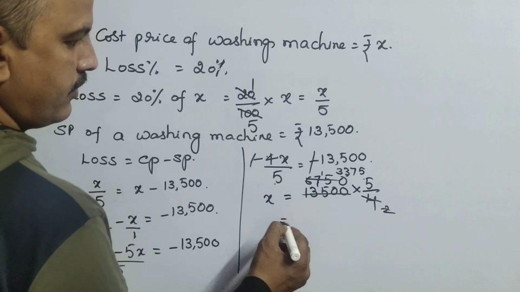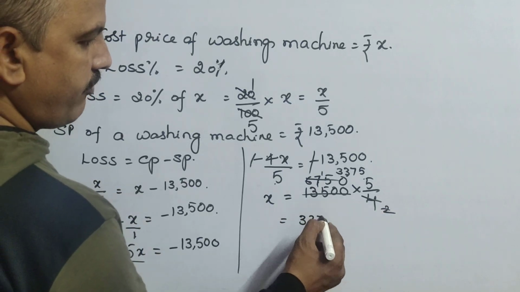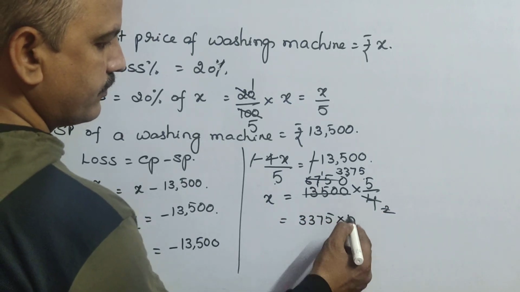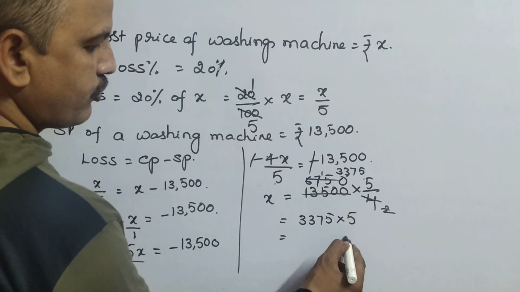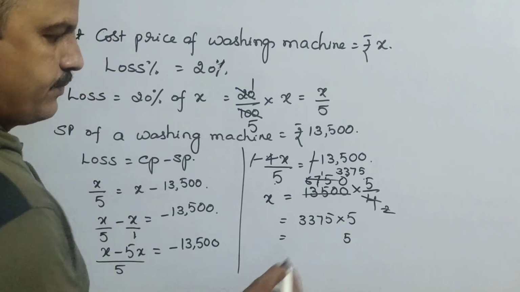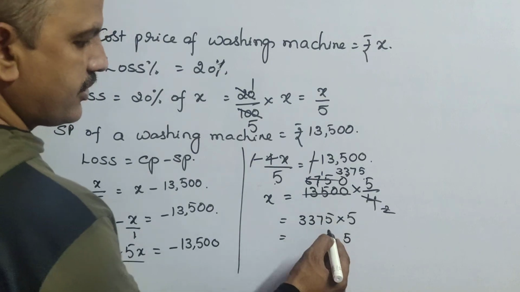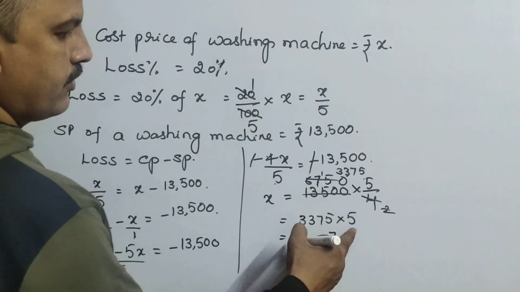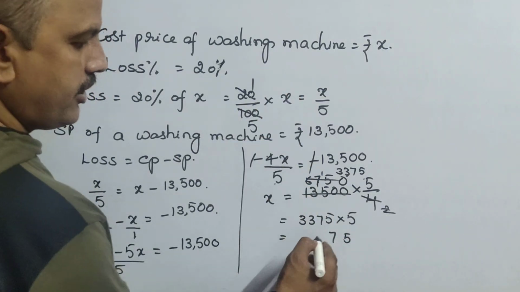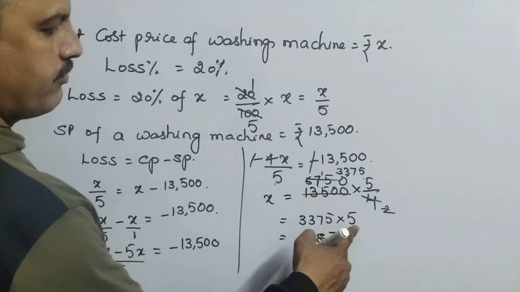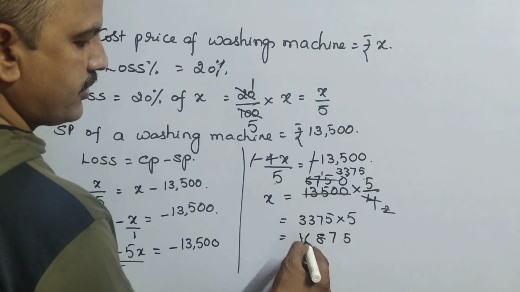So 3 3 7 5 into 5. So multiply. 5 fives are 25, 2 left. 5 sevens are 35, that's 37, 3 left. 5 threes are 15, 16, 17, 18, 1 left. 5 threes are 15 plus 1 is 16.